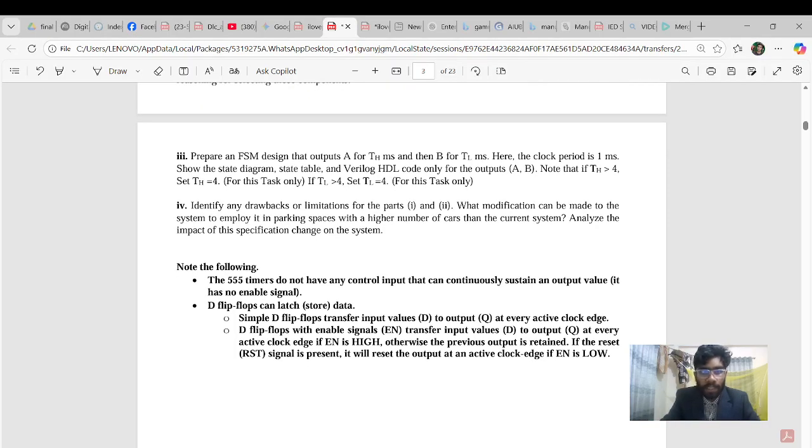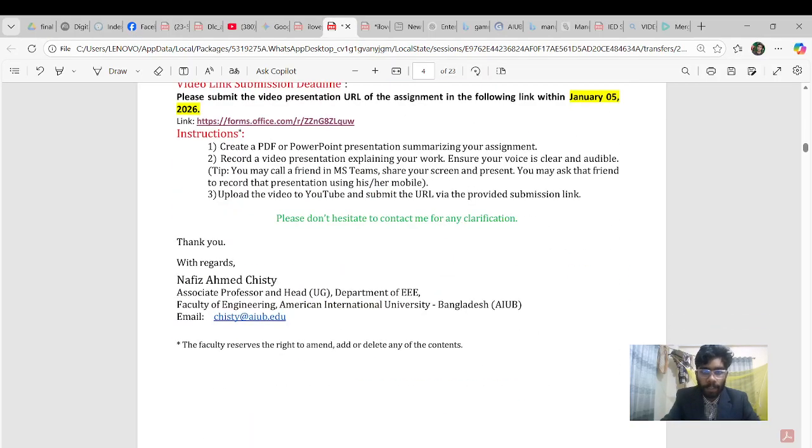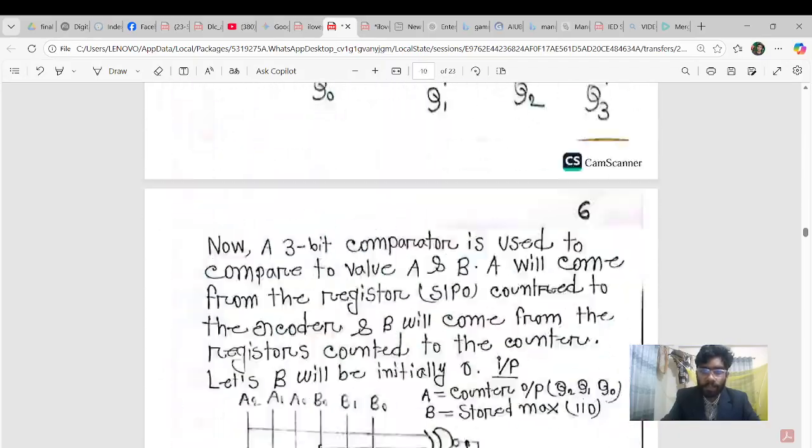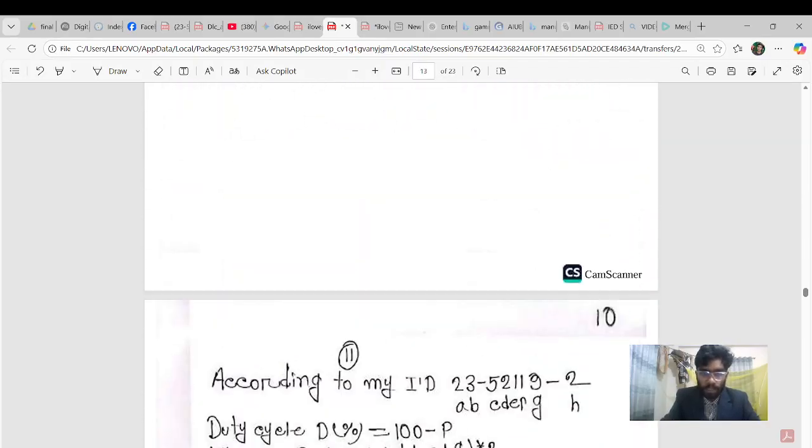Show the state diagram, state table, and Verilog HDL code only for outputs A and B. Note that if TS is greater than 4, set TS equal to 4, and if TL is greater than 4, set TL equal to 4. Now I am going to my original circuit.